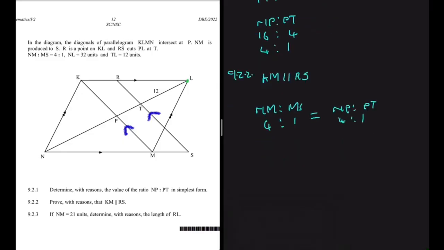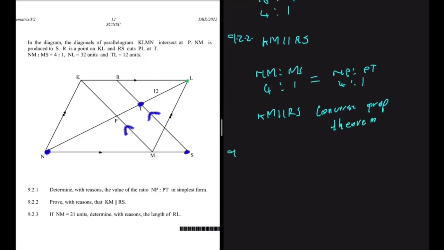So we can say that KM is indeed parallel to RS. The two lines divide the sides of triangle NTS in proportion, right? That is the converse of the proportionality theorem, right? So that is our answer for 9.2.2.